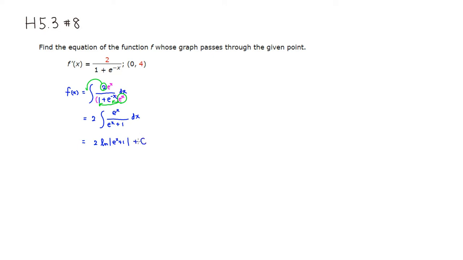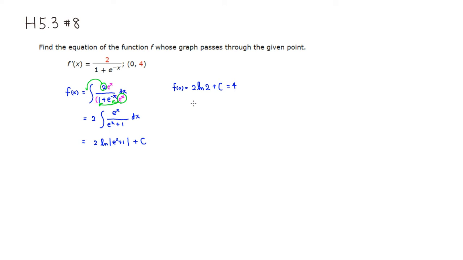Then we just need to find c using this condition. So f of 0 is equal to 2 natural log of, plug in 0 there, so it's natural log of 2, plus constant c, and this is equal to 4.